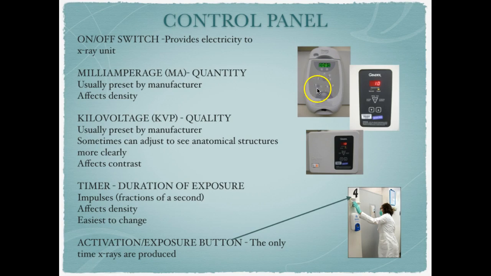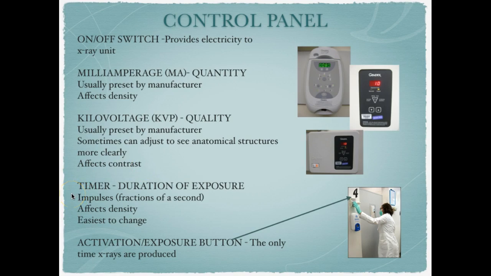So certainly working in pediatrics, you could reduce the kilovoltage, or if you have someone who is a big person. Now, I'm not talking about weight, but their stature. They're just a very big person, or sometimes we say big boned. They may have denser bone, so you may need to increase the kVp, and that affects the contrast.